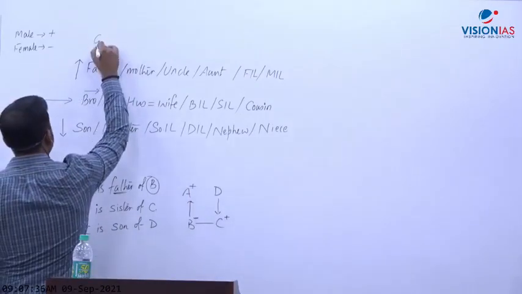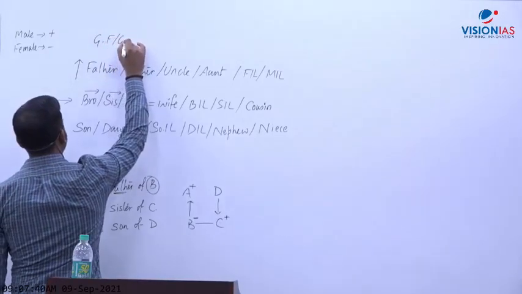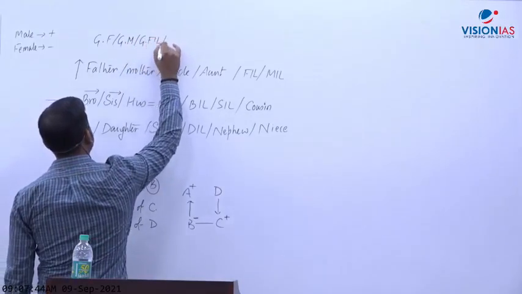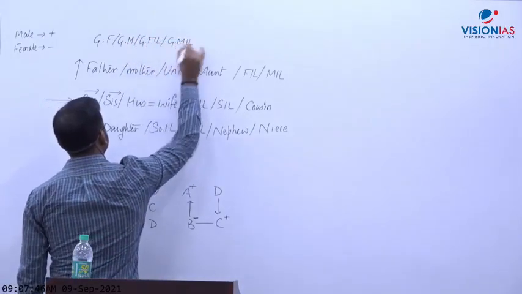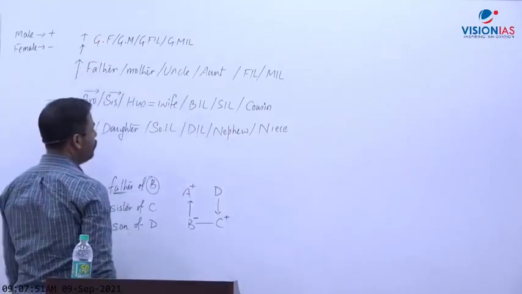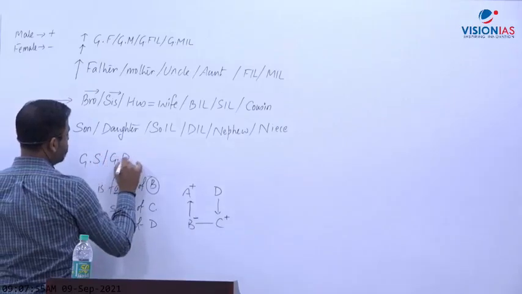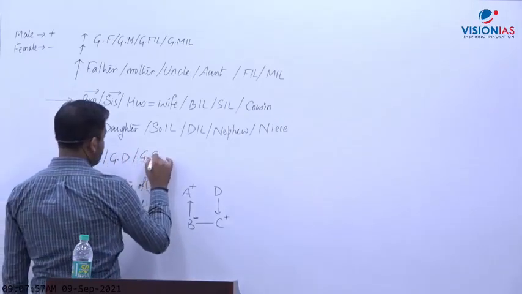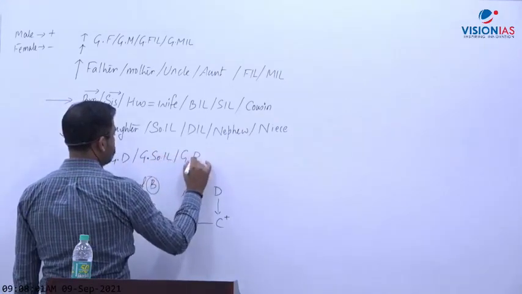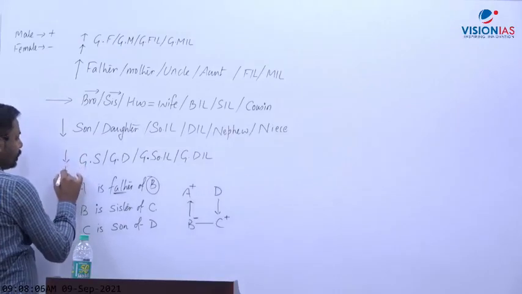And similarly, whenever we get a relationship like grandfather, grandmother, grandfather-in-law, grandmother-in-law, we will move 2 generations above, and for grandson, granddaughter, grandson-in-law, and granddaughter-in-law, we will go 2 generations below.